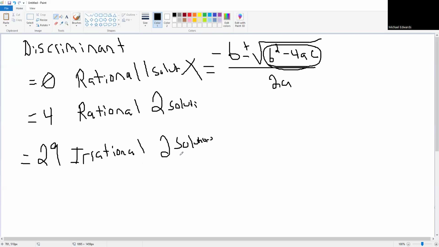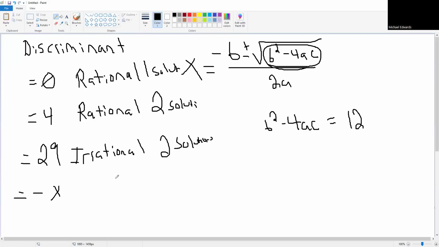So given that, if I told you that b squared minus 4ac was going to equal 12, what would you say? Well, it's not 0. Also, if that value is negative, then the solution is not real.